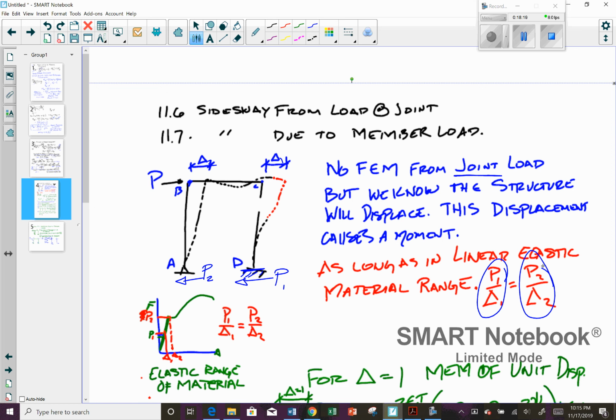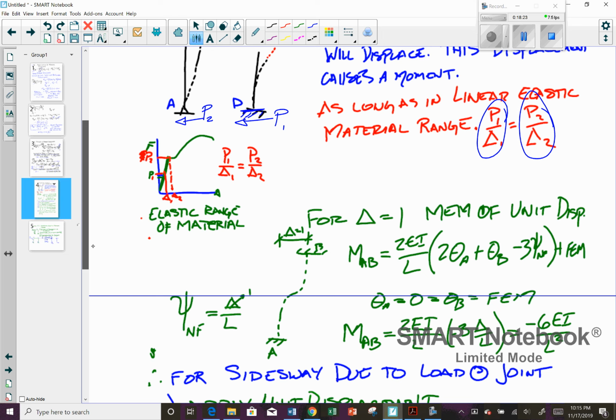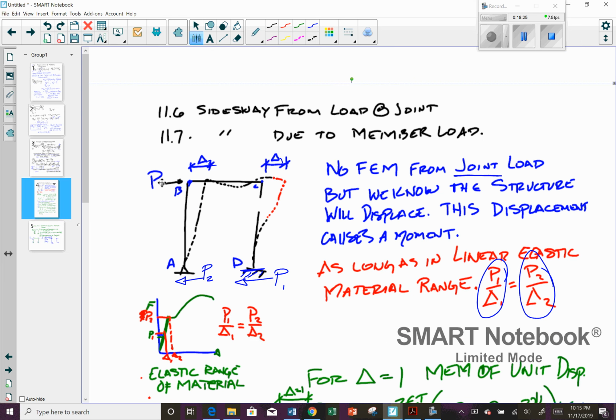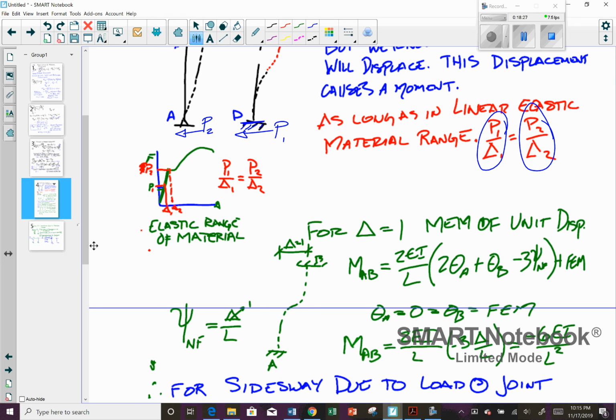Okay? And so what that means is P1 and P2 aren't equal, but you've got a load P1. So if this is your curve, say this is a curve for steel, correct? You've got a load P1, you come on here, you're in the linear elastic range.